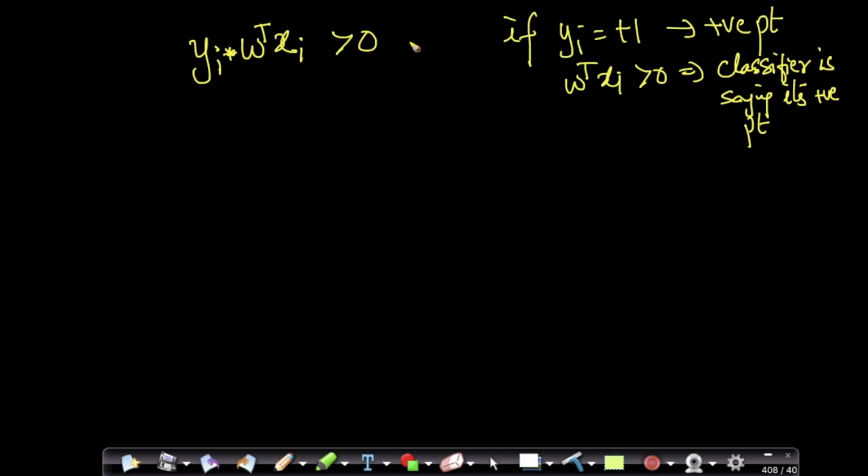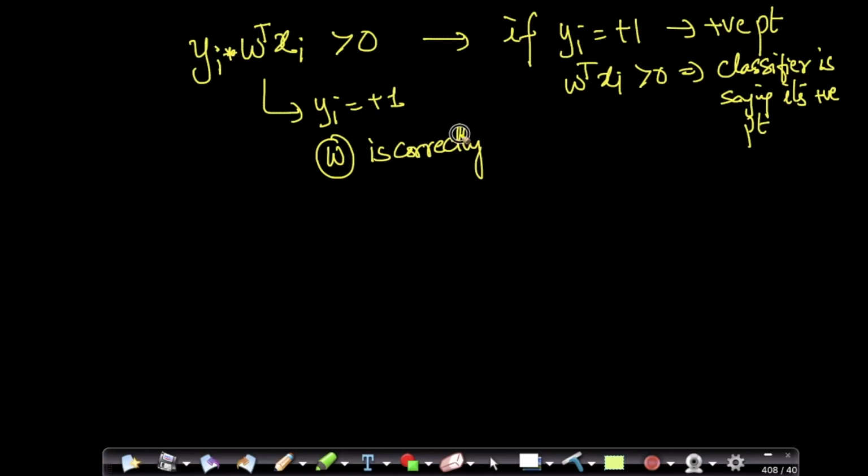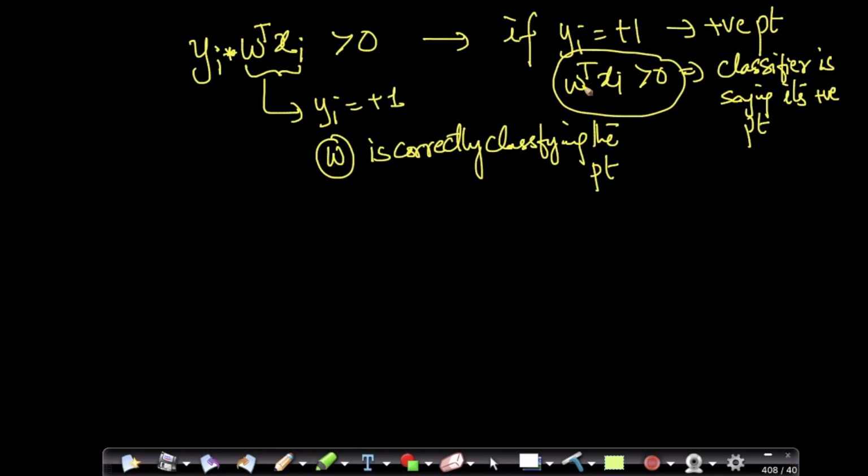If this is greater than 0 and if yi equals +1, then my plane represented by W is correctly classifying the point. Because W transpose Xi is also greater than 0, my plane is saying that Xi is a positive data point, and the actual true label of it is also positive.